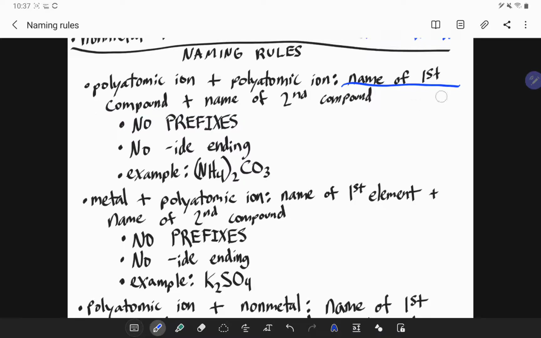At this point, we should have our polyatomic ions memorized. We recognize that this right here, NH4, is ammonium. So I'm going to write down ammonium. Next, I recognize CO3. That is carbonate. So I'm going to write down carbonate.